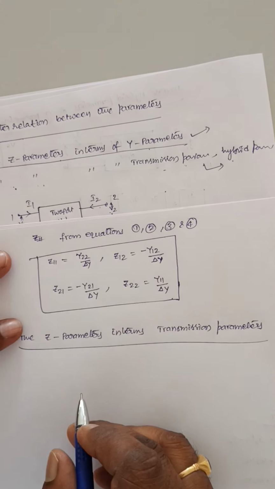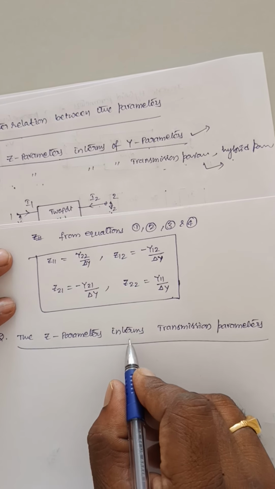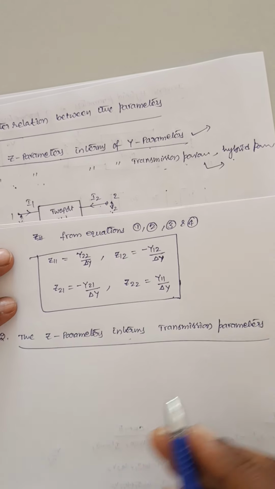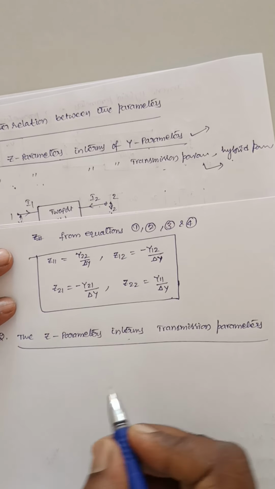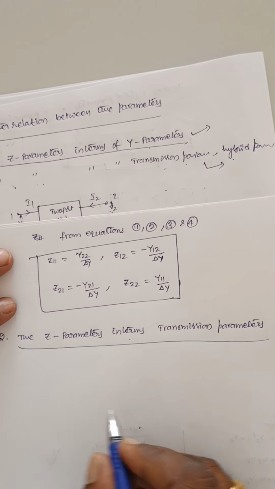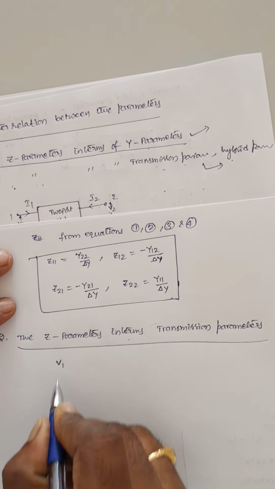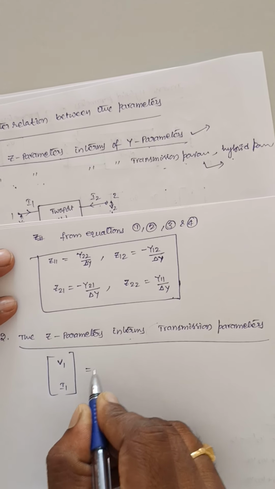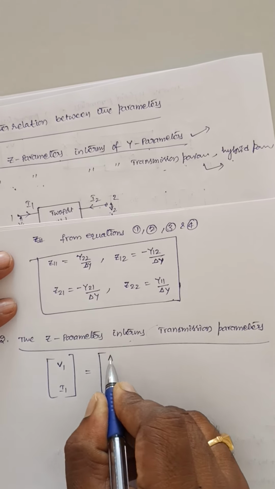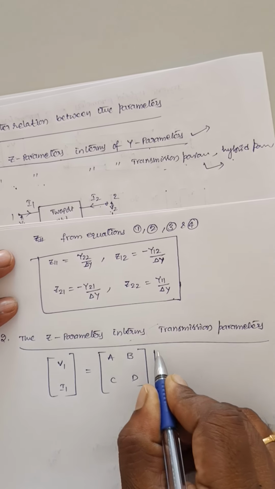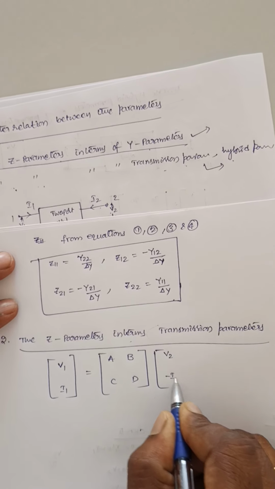Okay, let me explain. So here I need to find out the z parameters in terms of transmission line parameters. To find out the relation, first you write this transmission line parameters equation. What are the equations? V1, I1 equals the matrix A, B, C, D times V2, minus I2.